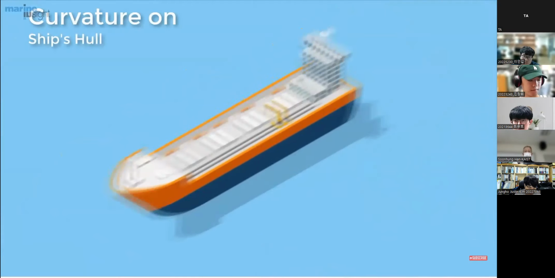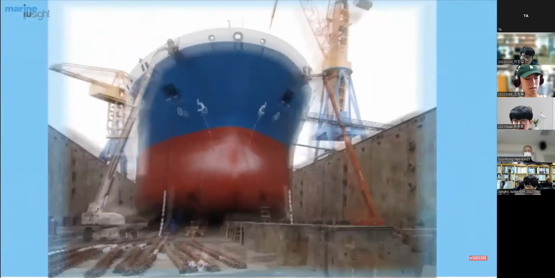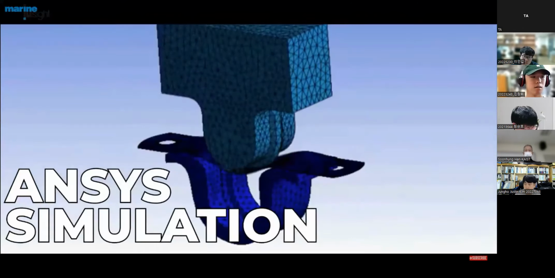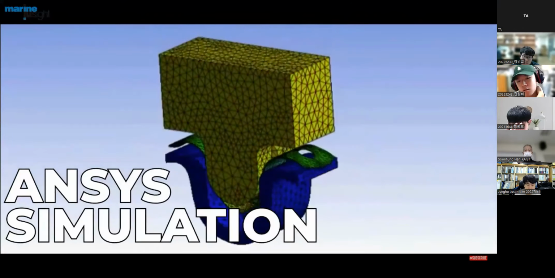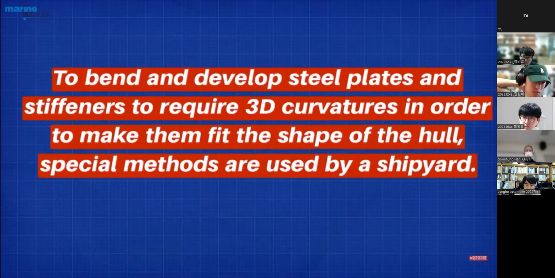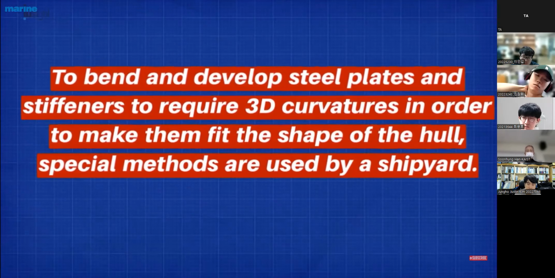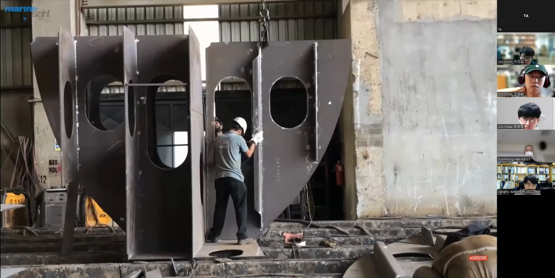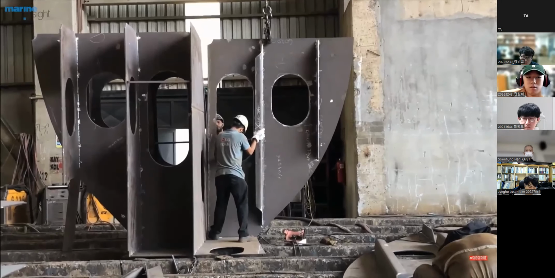It might seem quite easily achievable on a 3D modeling software package, but production of the same is a complex process. Special methods are used by the shipyard to bend and develop steel plates and stiffeners to required 3D curvatures in order to make them fit the shape of the hull.